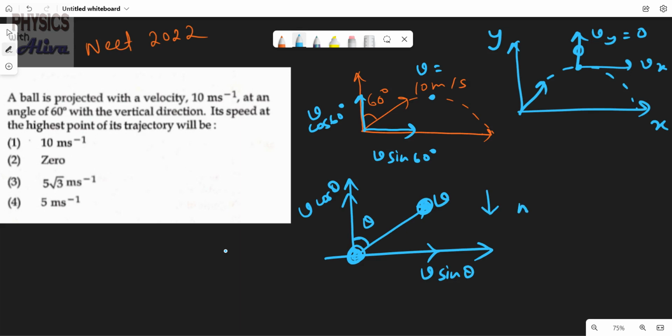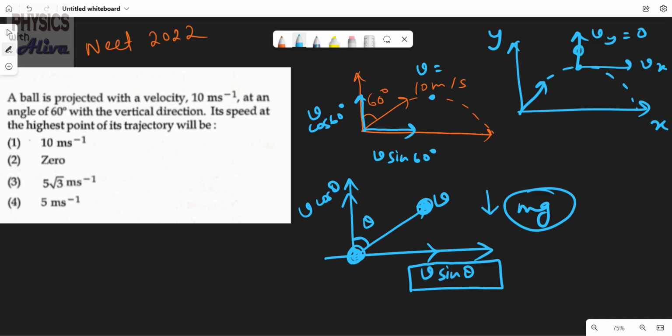That is the gravitational force mg acting on the ball in the vertically downward direction. But there is no force in the horizontal direction, right? If no horizontal force is applied, that means the horizontal velocity will remain constant. It will not increase or decrease.